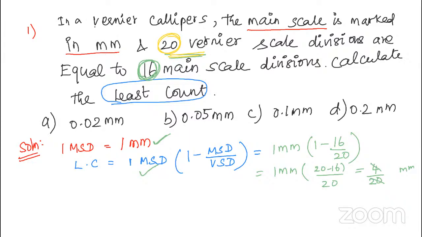That is one fifth, so what is the answer? 0.2 millimeter. 0.2 millimeter is the correct option, it is given in option D. It is a very simple formula. If we know the formula, we can directly substitute and easily answer.